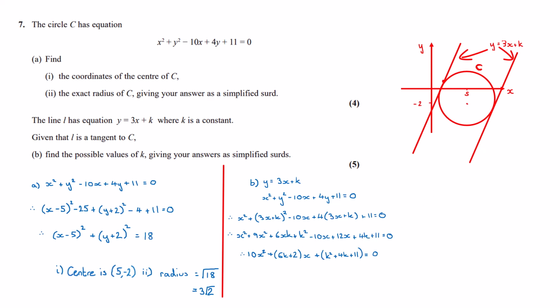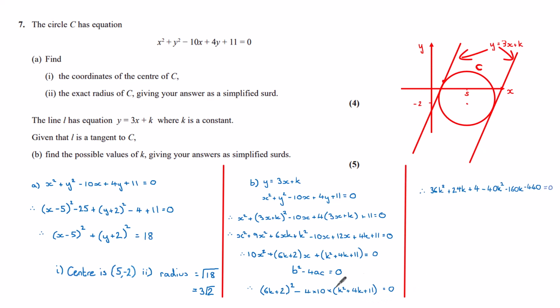Since these lines touch the circle in one point, we know the discriminant b squared minus 4ac to be equal to 0. So in this case my b is 6k plus 2, a is 10, and c is k squared plus 4k plus 11. So b squared minus 4ac is written 6k plus 2 all squared minus 4 times 10 times k squared plus 4k plus 11.